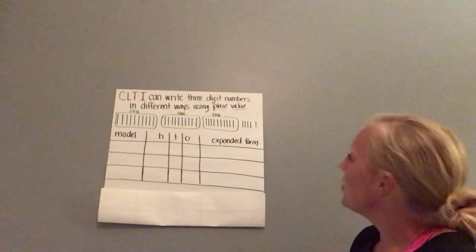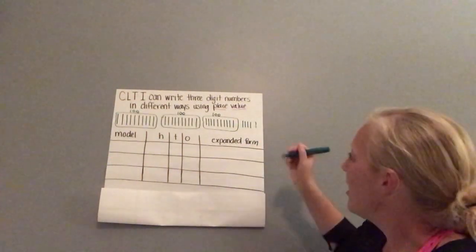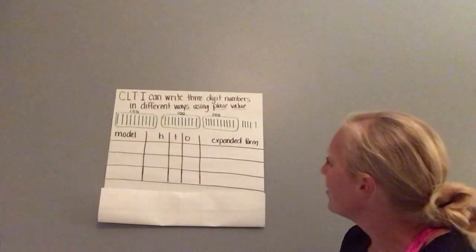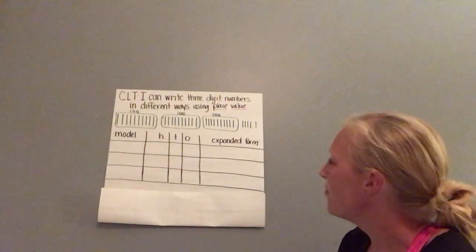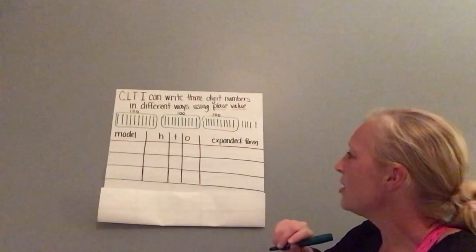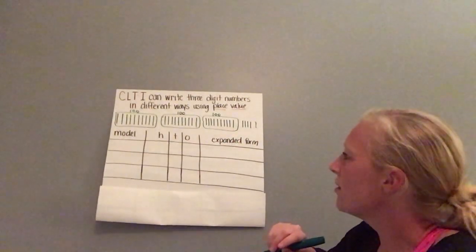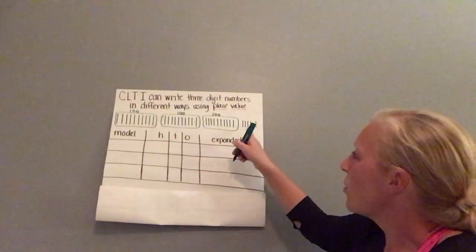Okay, and then what else do you notice? There's 4 tens there and 5 ones. So what number do we have here? How did you get 345? Where did 345 come from? The 300's there, okay. The 4 tens and the 5 ones, but there's not 300s.